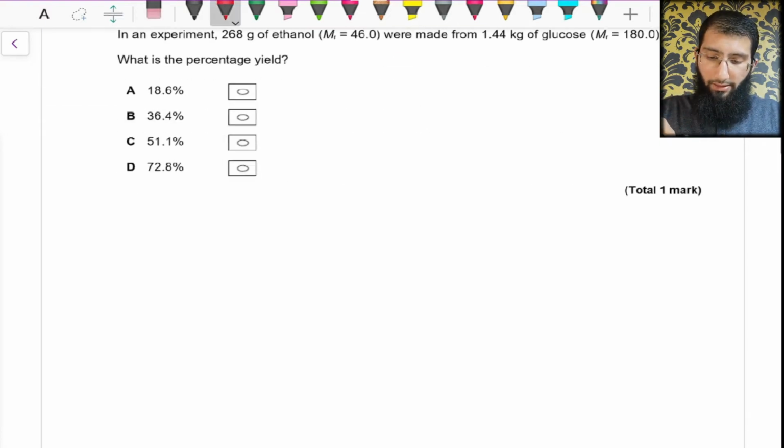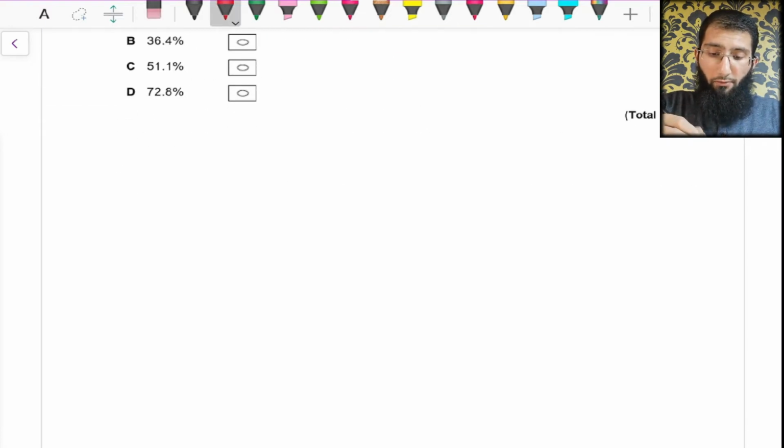Well, it's calculated simply using the following formula, and it's simply the amount of product that you've made over the amount of product that you should have made.